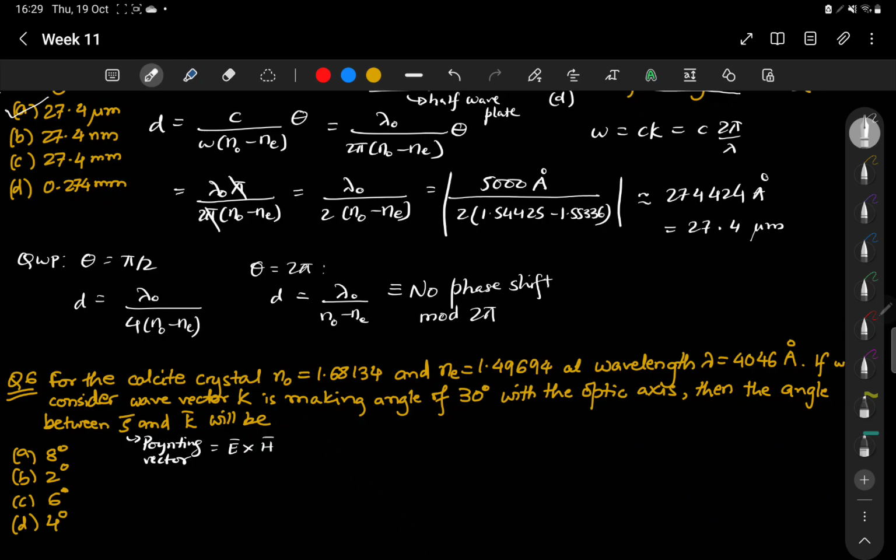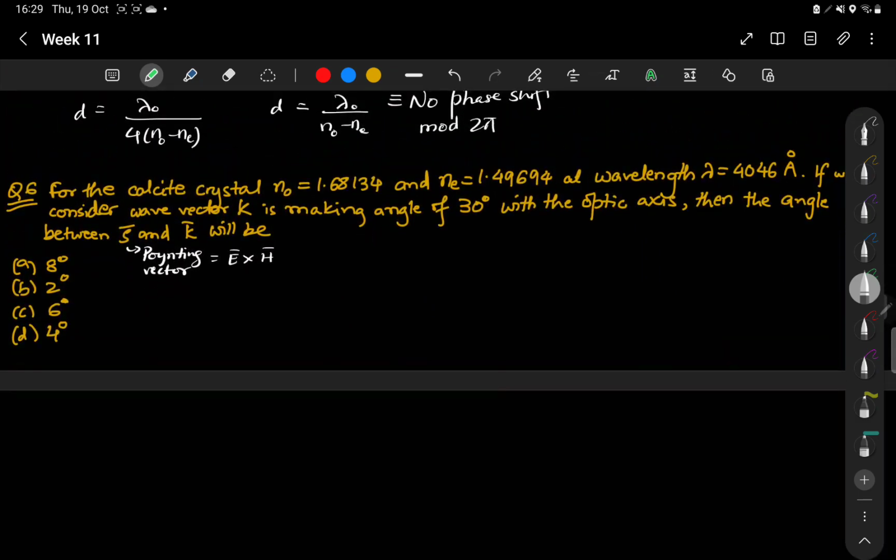Now, let me draw a diagram for all of you that would help in understanding. So let me first draw the axes. This is the x-axis.